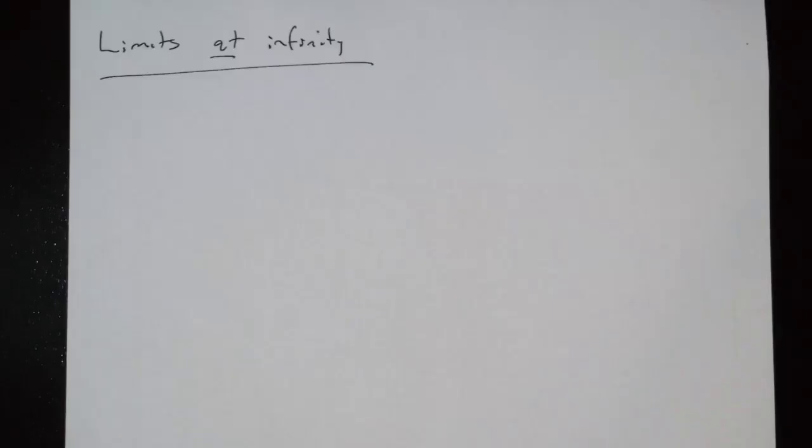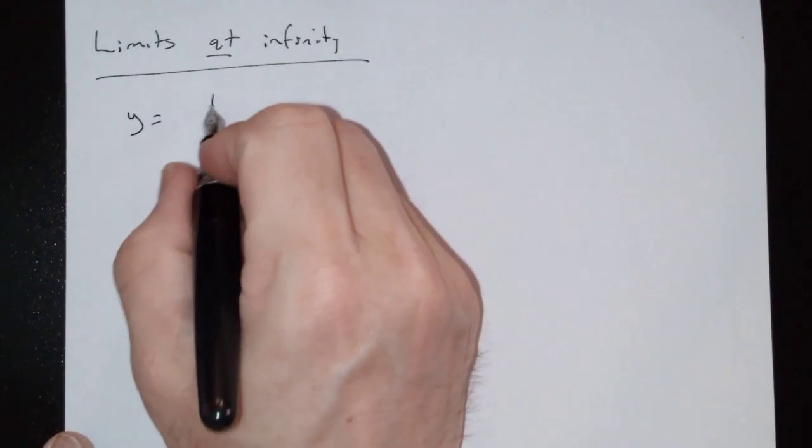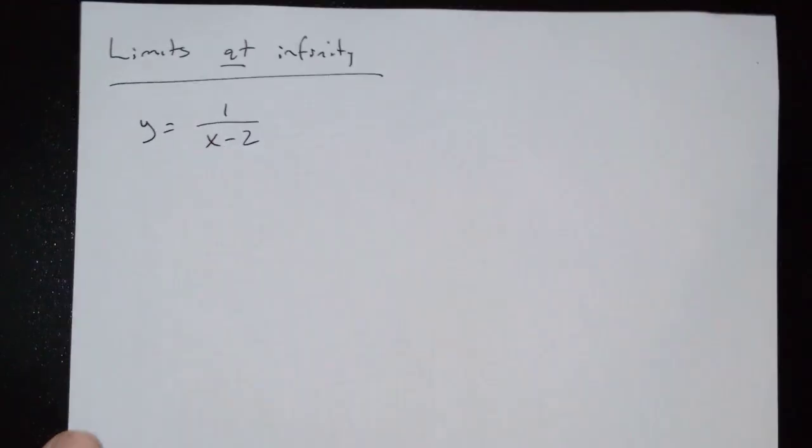Okay, so we were dealing with the function, say y equals 1 over x minus 2. Where is this discontinuous?